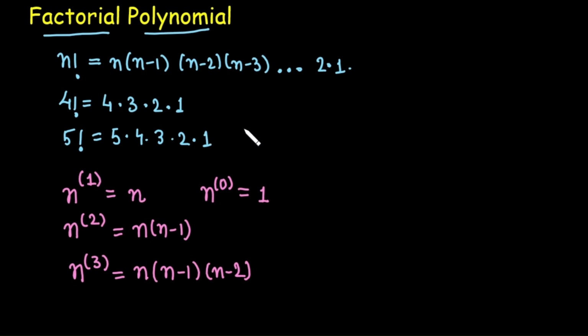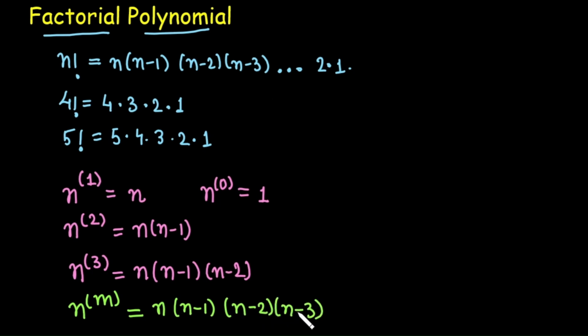Now we can write the general formation of the factorial polynomial, that is n raised to power m factorial. It means we need m terms from this factorial. First term is n, next is n minus 1, then n minus 2, then n minus 3. We have taken 4 terms. We need m terms.